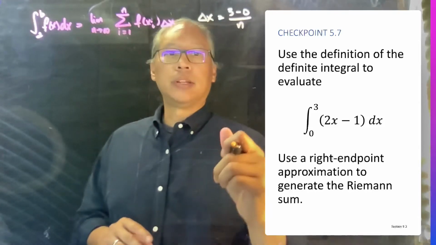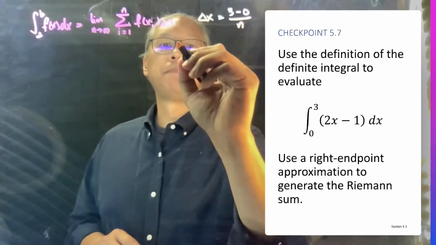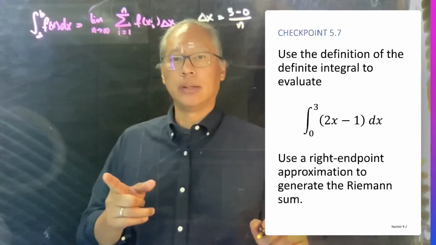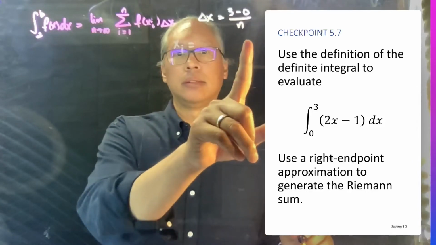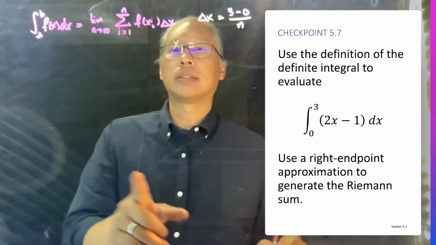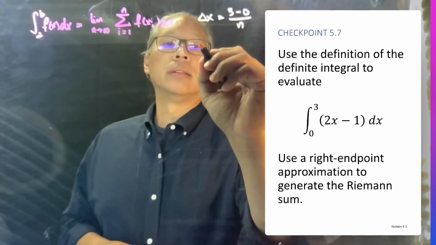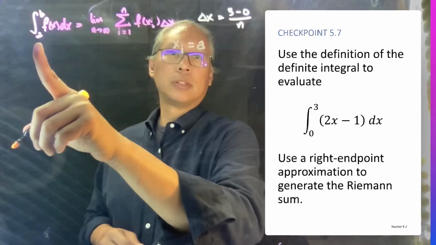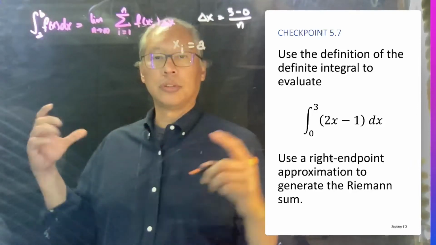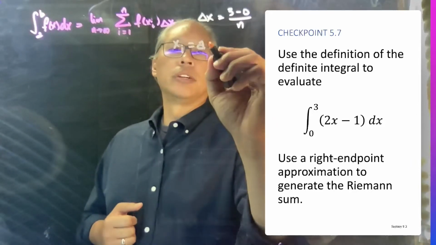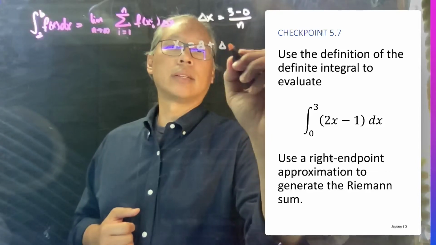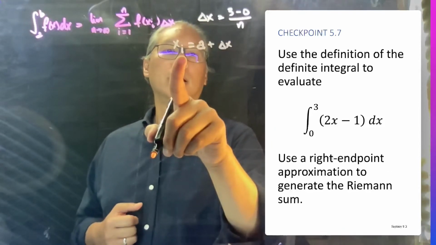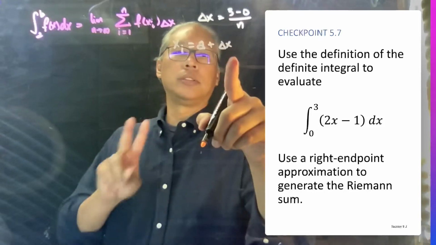After we do that, we can figure out our x sub i. It's going to start with the first lower limit term, the left side of your big interval, and then you're going to add delta x to it. That's for the first one, and for the second one you're going to add 2 delta x's.